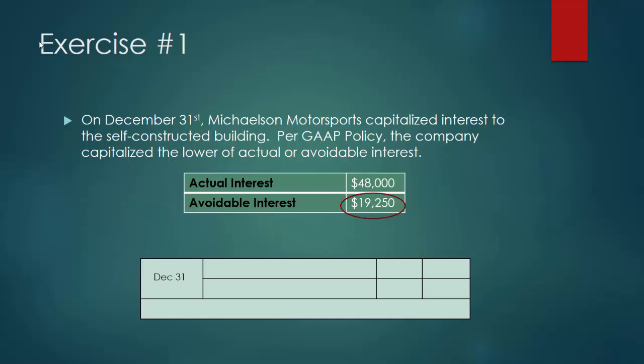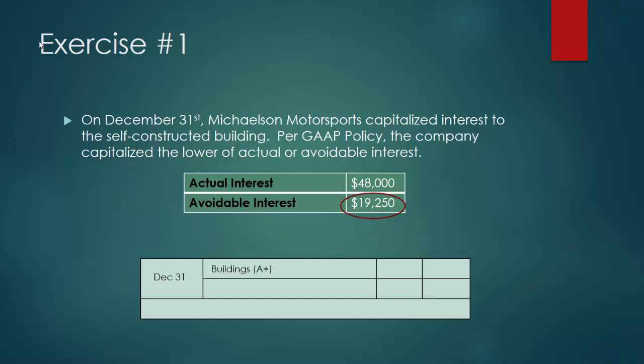So if we buy a machine and we have to pay delivery expenses, and we have to reinforce the foundation, and maybe we have to rewire our facility to bring more power to this machine, all of those costs get capitalized in the cost of the machine when we put it on the books, because they're necessary costs. But what we're saying here is you can't expect a company to have millions of dollars of cash sitting around at all times. So taking out loans to finance these assets is a necessary cost. It's a part of normal business.